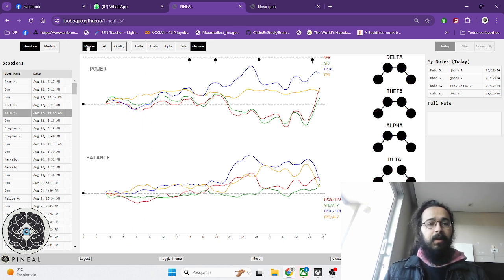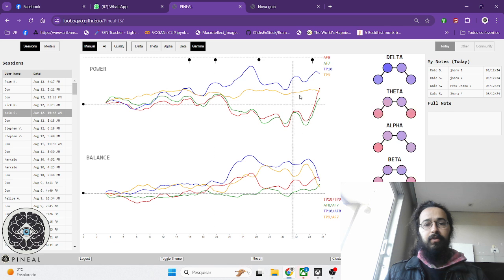So here we have the two main graphs, the power. This is relative; there is relative math behind it. We always look at the point at the beginning of the session, and each difference in brain activity is in relation to the point zero of our session.